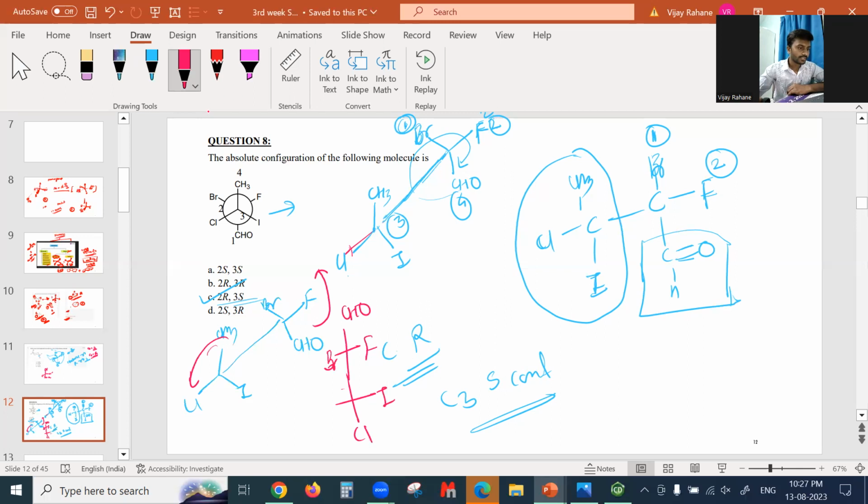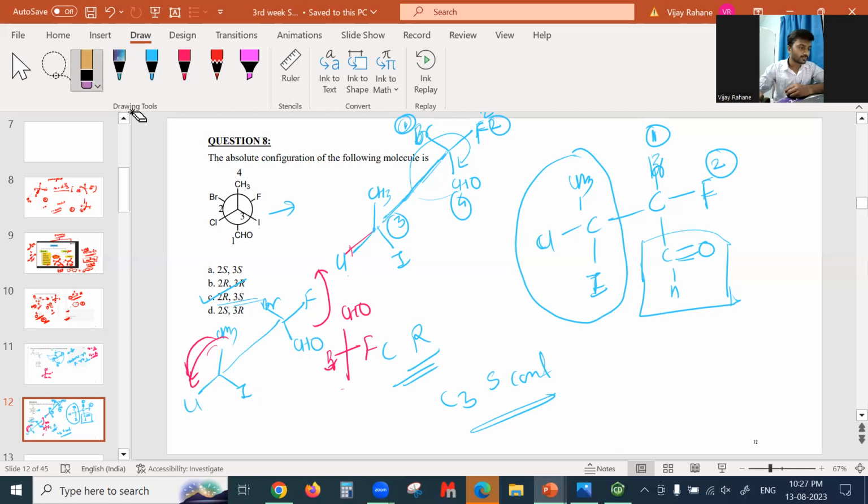The chlorine, iodine, and, sorry, the carbon chain should be vertical, right? So we need to go one step more in this way. The upper side will be there definitely in this manner, but the lower one we need to rotate by 90 degrees, not exactly 90 degrees.